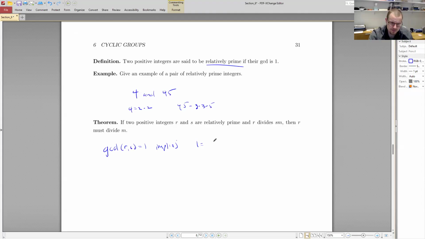So 1 is equal to a times r plus b times s. There's a linear combination of r and s that gives us 1, where a and b are, of course, integers. Fantastic.